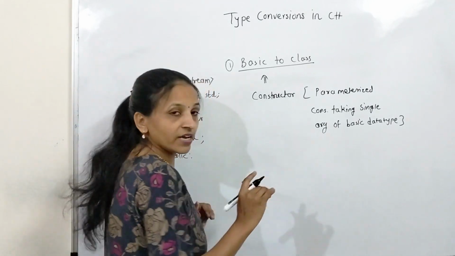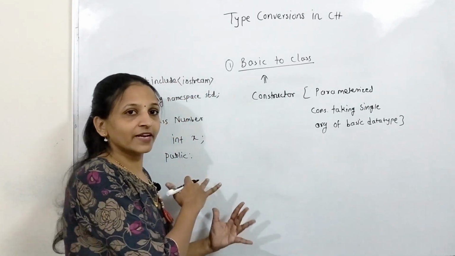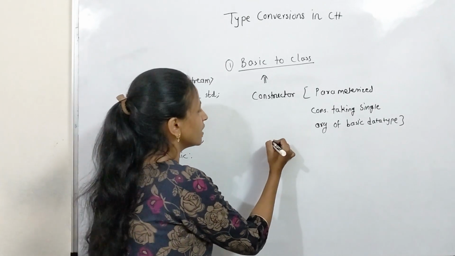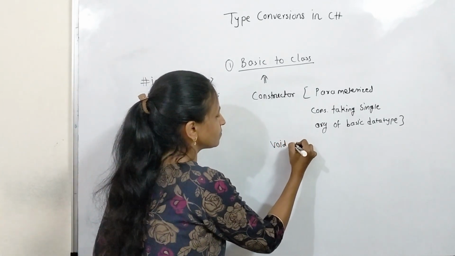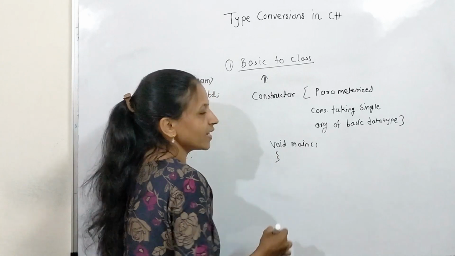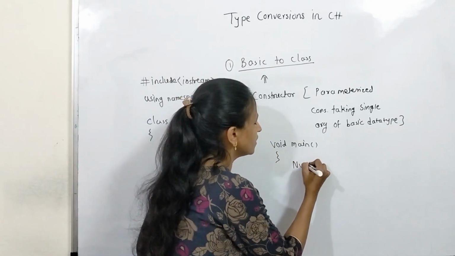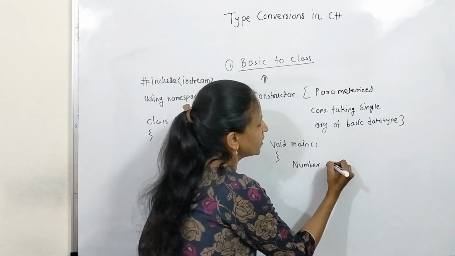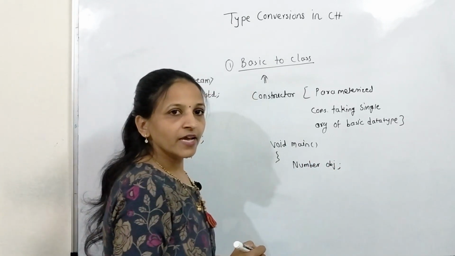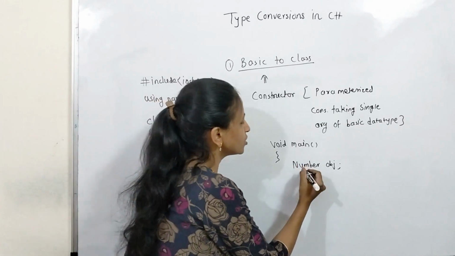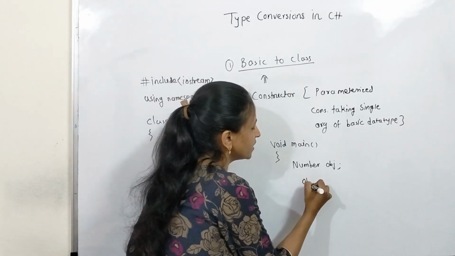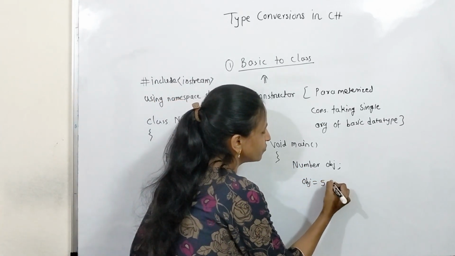See, in main, what I want to achieve, according to that we will write methods here. Okay, now void main. Here first we will create one object of this Number class. How? Simple, Number obj. Now I just want to achieve this: obj is equal to 5.